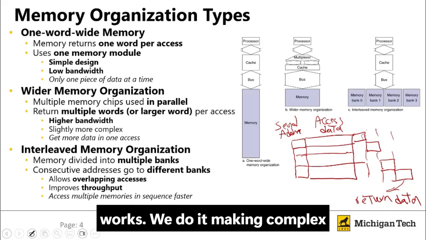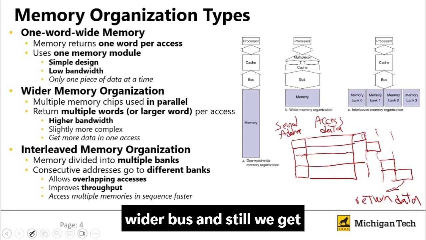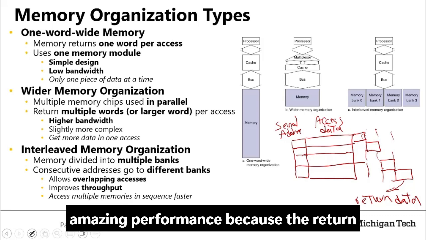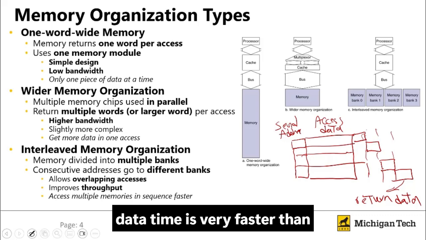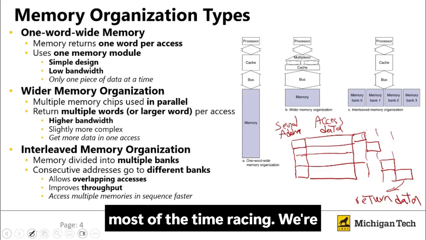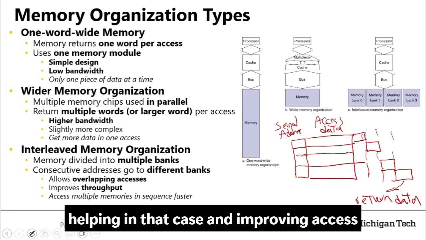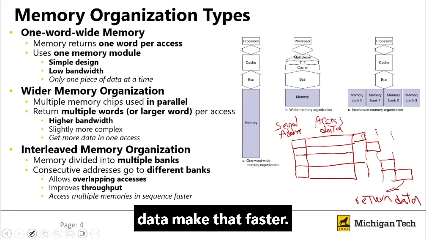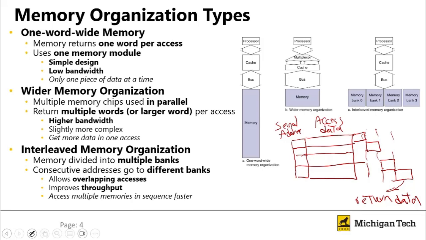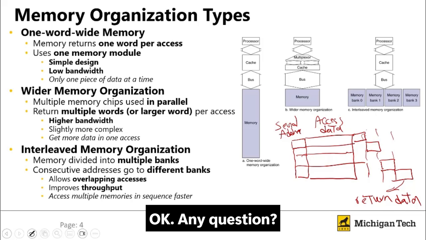Without making it complex, without making a wider cache or wider bus, we still get amazing performance because the return data time is much faster. Most of the time is wasted on accessing data, and you are helping in that case and making access faster. Okay, any question?